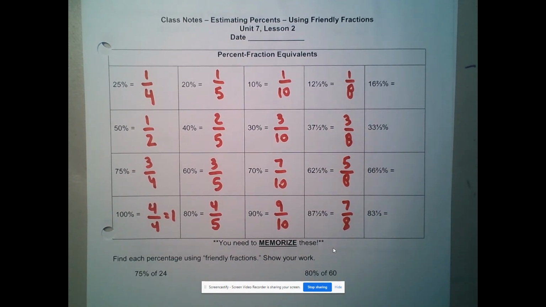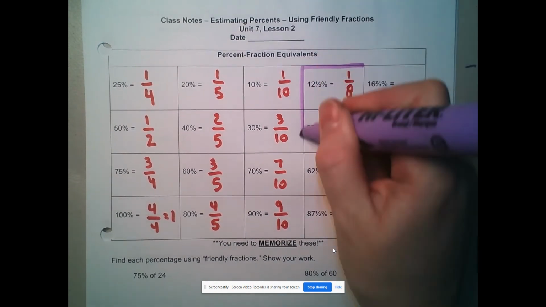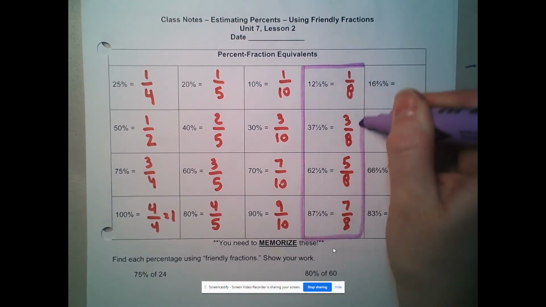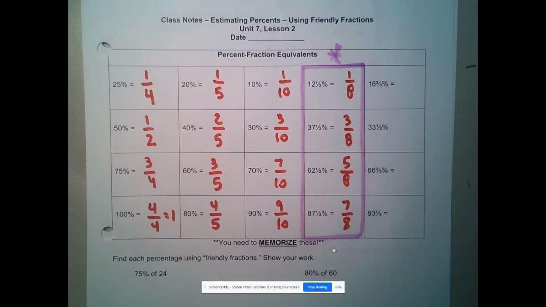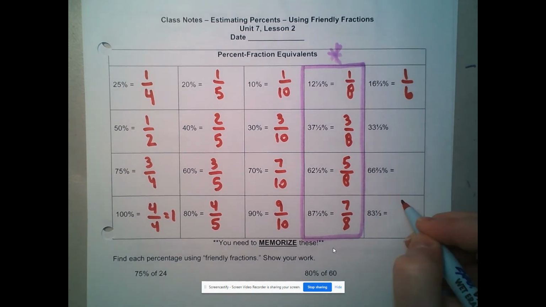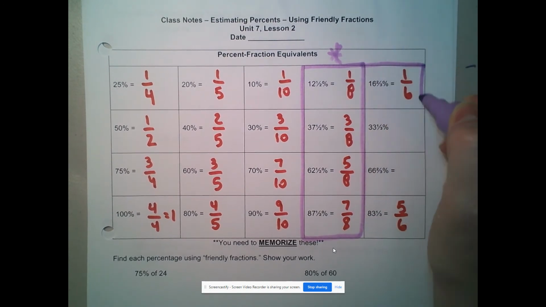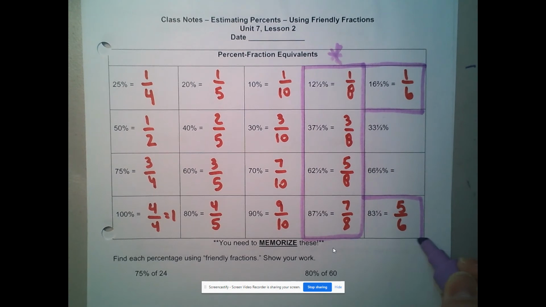Now, I would reiterate that these are going to be ones that you need to spend some time on, right? You probably don't already have those memorized. Along with 16 and 2/3%, which is 1/6. And down here at the bottom, 83.3 repeating, or 83 1/3%, is 5/6. Those are the other ones that people typically have to spend some time on. Now I've got 2 spots left.